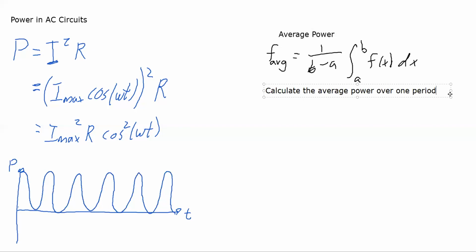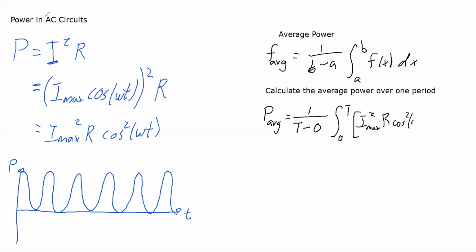In our case, P average equals, and the limits are going to be from 0 to T. The function we're looking at is the function for power, which I'm going to put in brackets: I max squared times R cosine squared omega t dt.